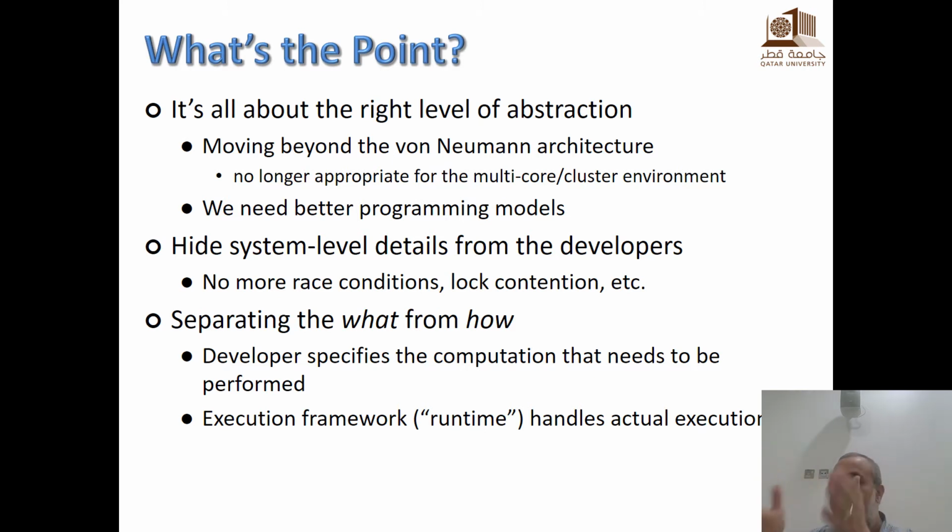Okay, so you will focus on dealing with your data, not how to move the data and how to synchronize between the workers and how to cope with failures and all of that. You will not bother yourself with that because that will be already solved for you once and for all. So you should not worry about that.